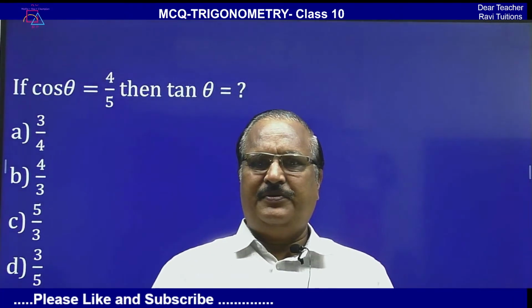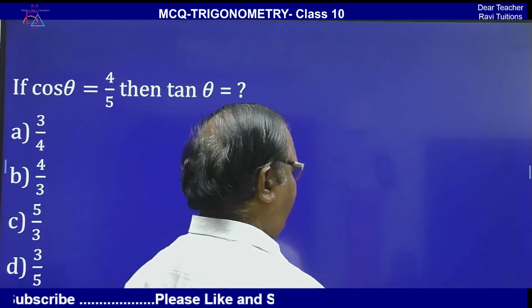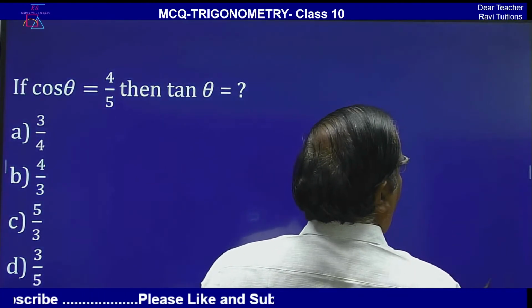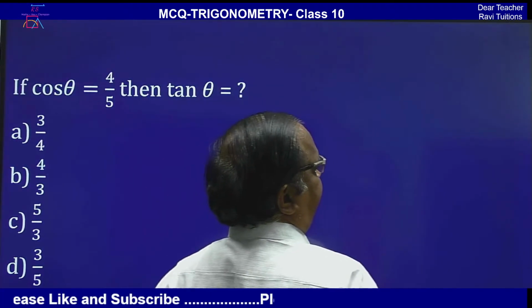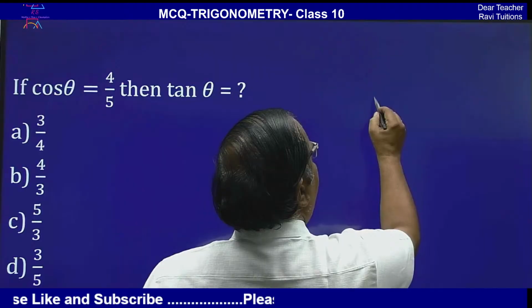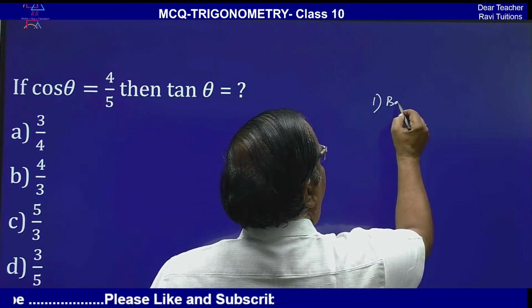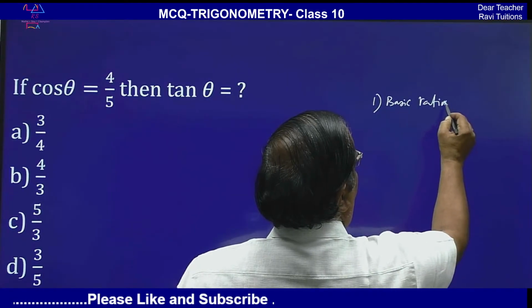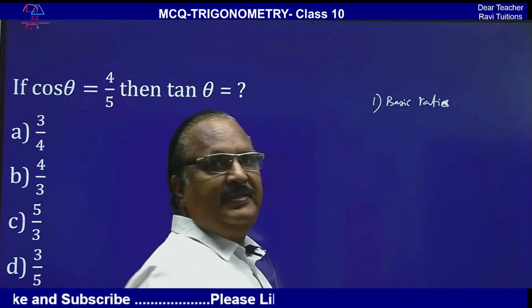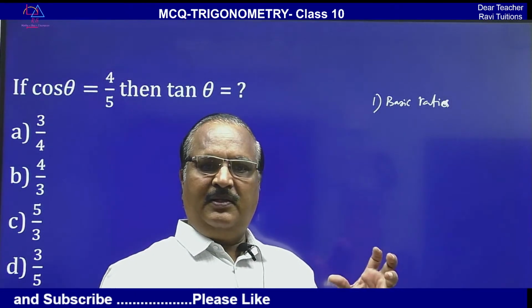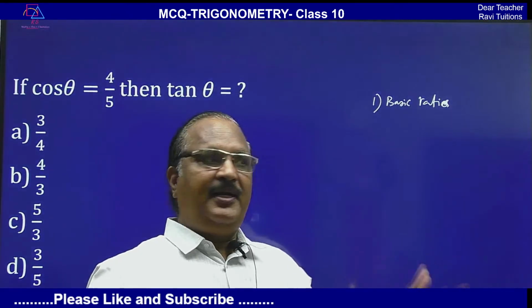I'll just give you a small understanding about what you have to learn. The first one is basic definitions of trigonometric ratios. That means sin theta, opposite side by hypotenuse, cos theta, tan theta, all these definitions, and related problems.